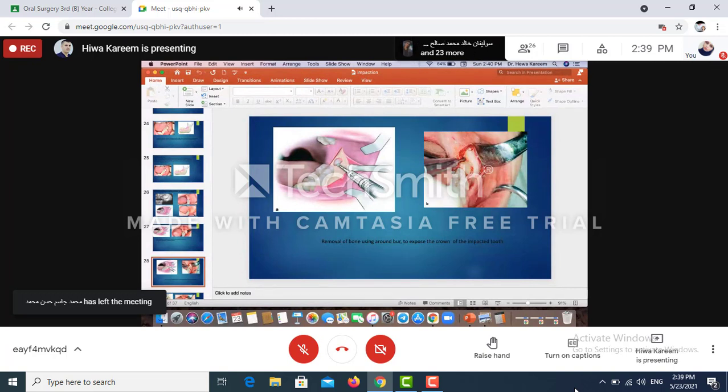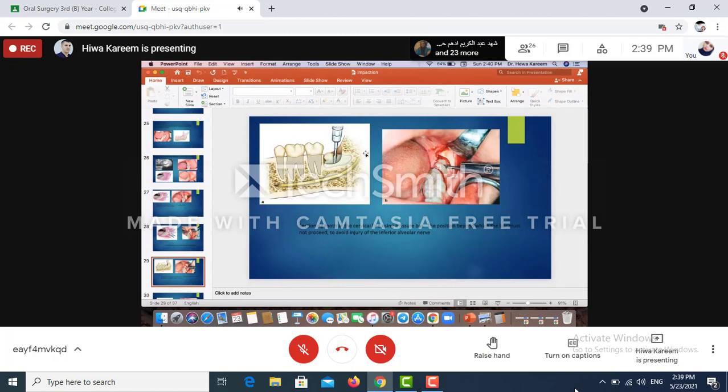With the surgical handpiece, remove the bone covering the impacted tooth, and remove the bone covering the crown of the impacted tooth. After that, with the surgical handpiece, we cut the crown of the impacted tooth, but we must be careful about the ID canal to prevent injury to the inferior alveolar nerve, like this.